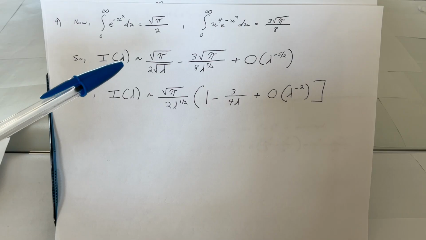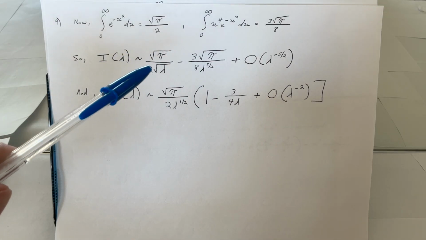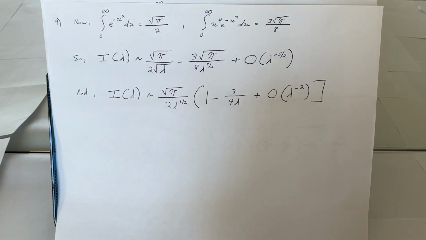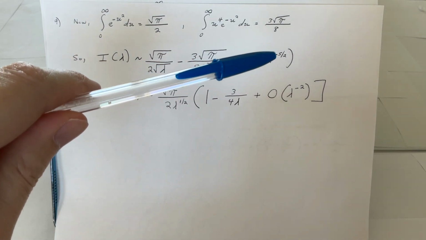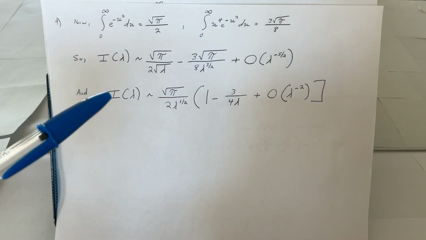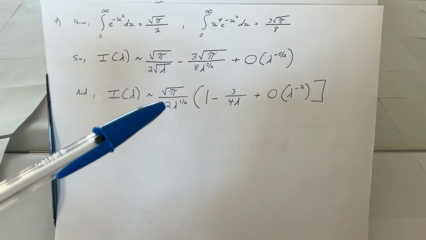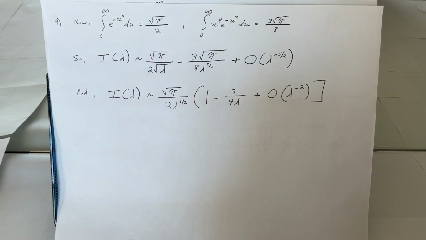So I of lambda is asymptotic to square root of pi over 2 square root of lambda, minus 3 square root of pi over 8 lambda to the 3 halves, plus big O of lambda to the negative 5 halves. And I of lambda is asymptotic to the square root of pi over 2 lambda to the 1 half, times the quantity 1 minus 3 over 4 lambda, plus big O of lambda to the negative 2.